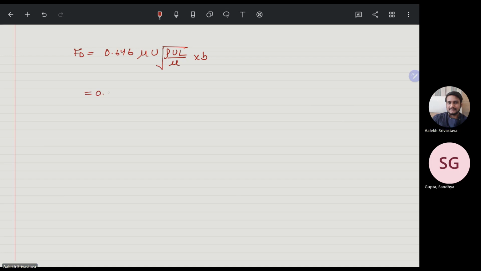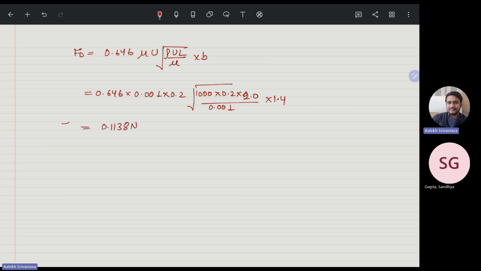So it is 0.646 into 0.001 into u, which is 0.2, into 1000 into 0.2 into length, which is 2.0, divided by 0.001 into 1.4. So the drag is 0.1138 Newton. This is the total drag force.